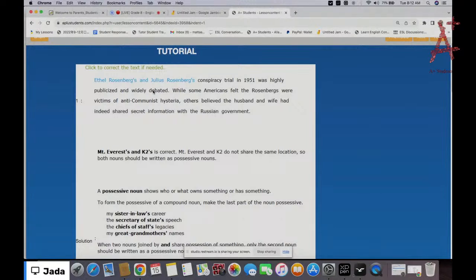Let's see. It has a different explanation for the correction, so I think we have to go to the test to be able to find this one.